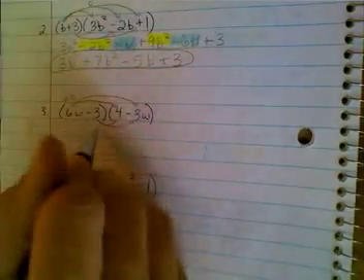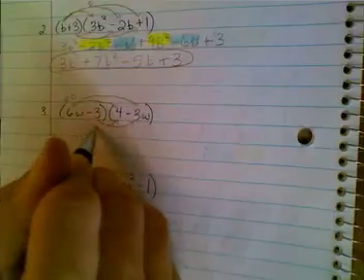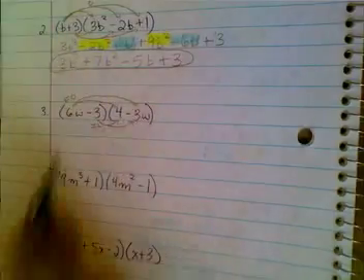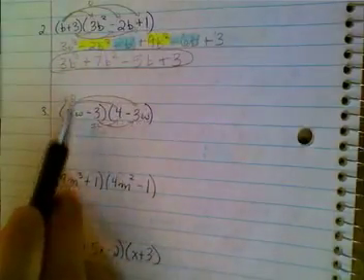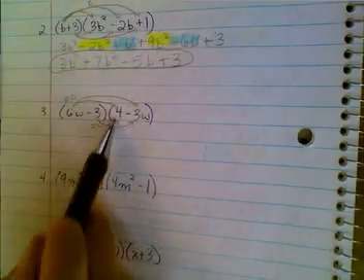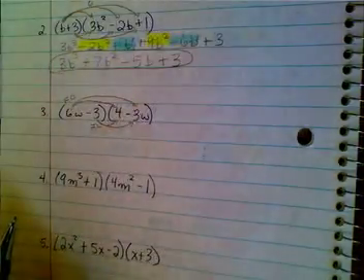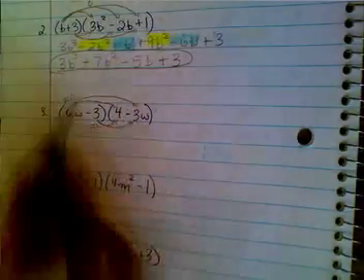So it's just a method of distribution, really. FOIL. First terms, the outer terms, inner terms, and then the last terms. Okay? So I'm going to go ahead and walk through that with you.